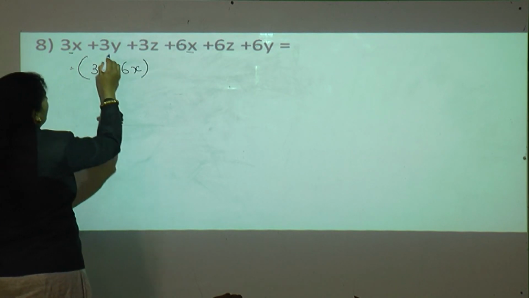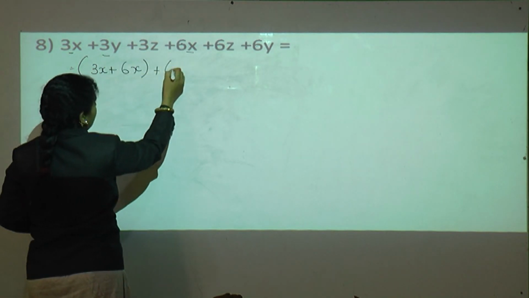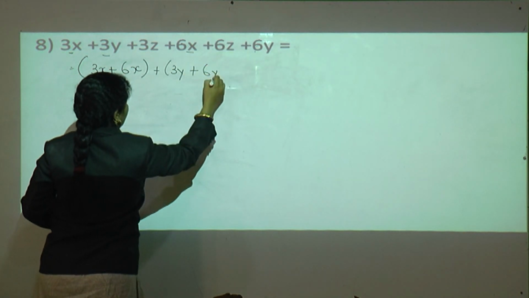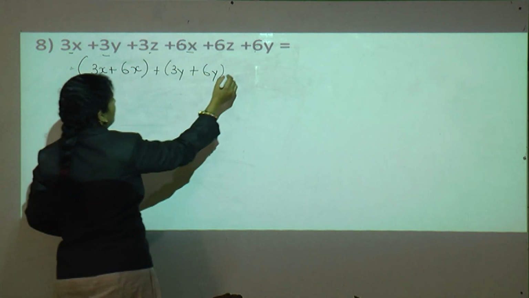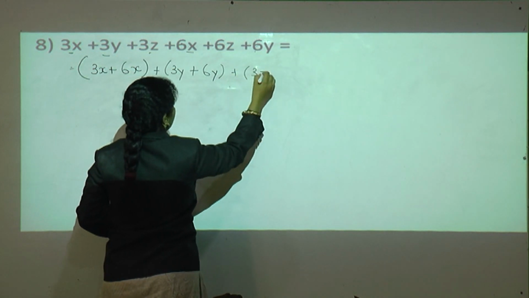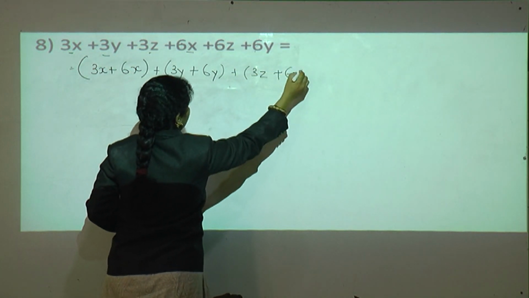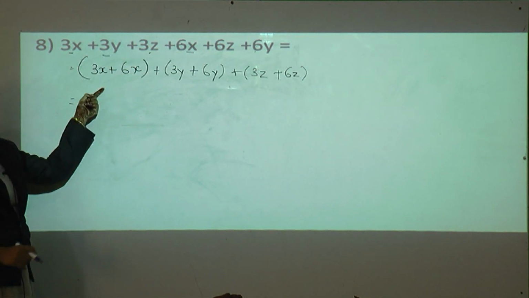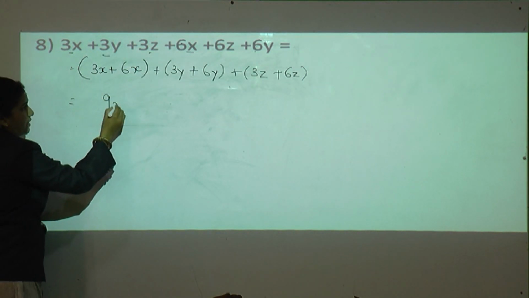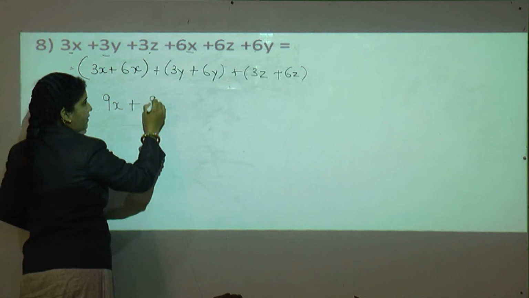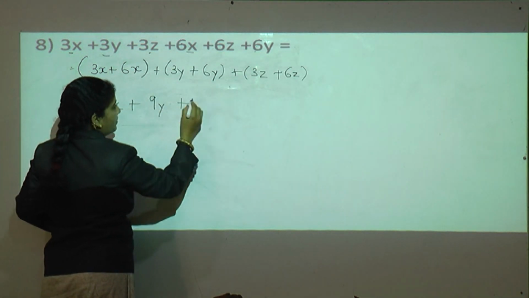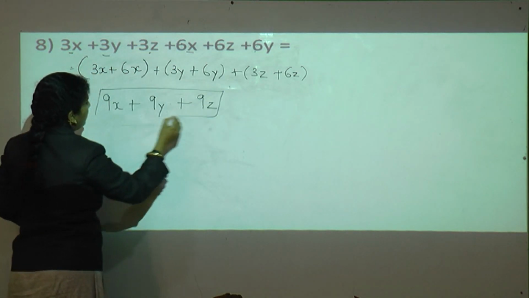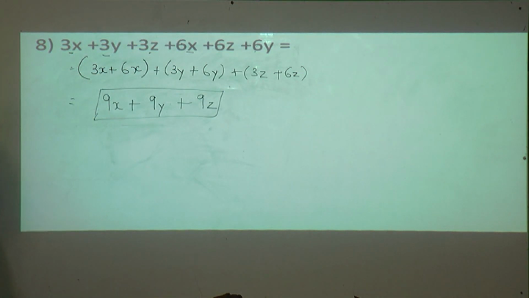Now y, 3y plus 6y. Okay, and this one plus 3z plus 6z. So students, very good, 9x, again 9y, and here also 9z. So this one is the answer.